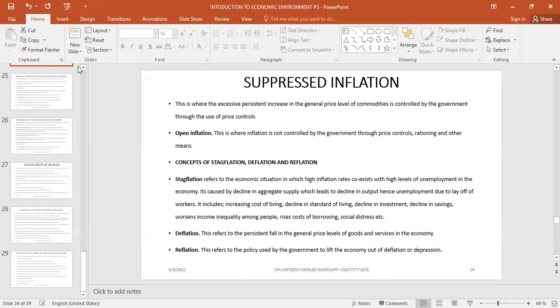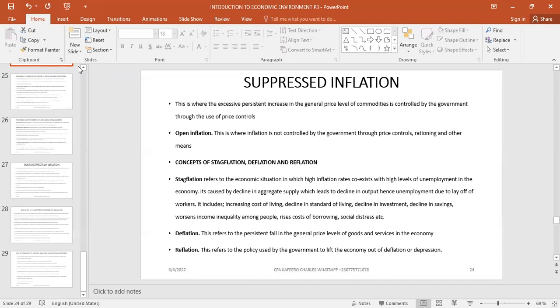Then you have reflation. Reflation refers to the policies the government uses to uplift the economy from depression or deflation. Let's say prices are falling each and every time; one policy you can use is to increase the money supply.